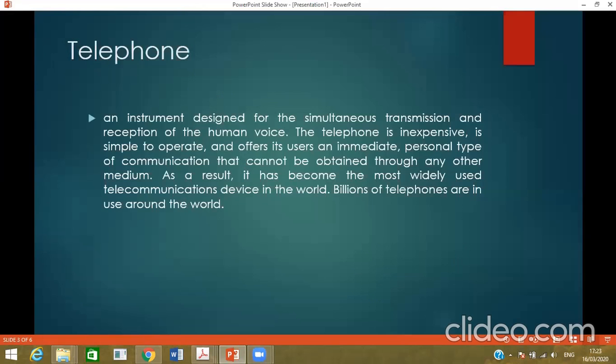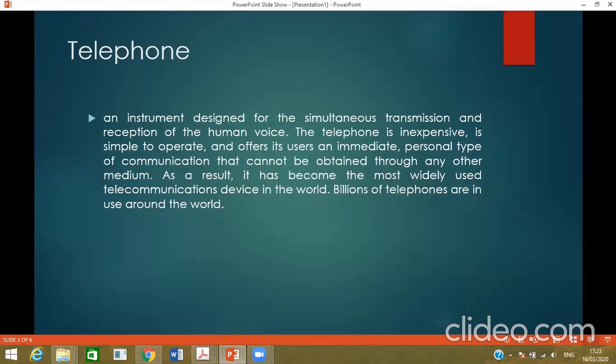A telephone is defined in Encyclopedia Britannica as what? As an instrument designed for the simultaneous transmission and reception of the human voice.